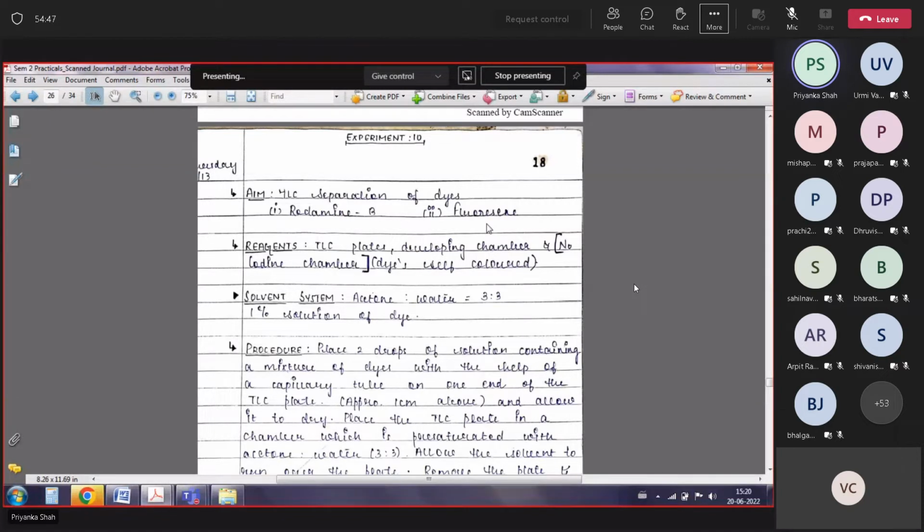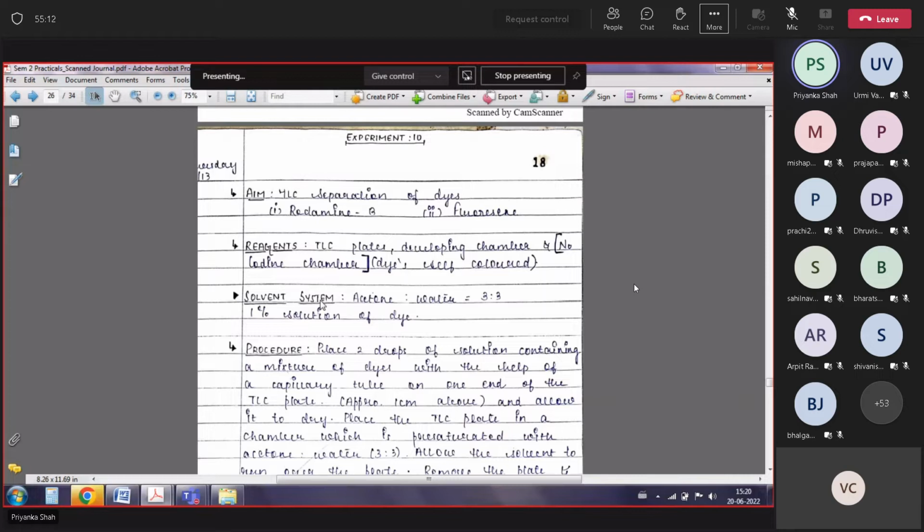So this is the TLC separation of dyes. In this practical, a mixture of two dyes, rhodamine B and fluorescein, was separated on the TLC plate. For the solvent system, that is the mobile phase, we used a mixture of acetone and water in 3:3 volume.